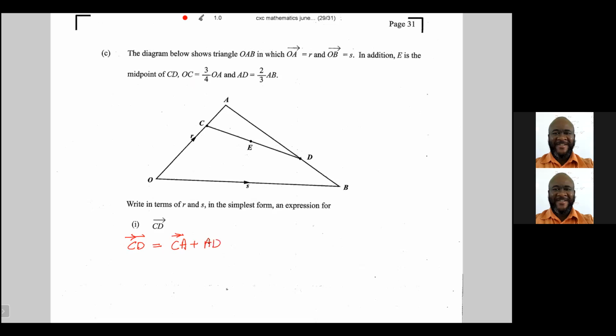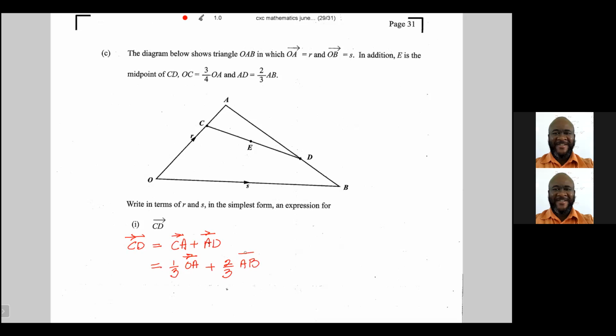That's the triangle law of vectors. Now, CA is equal to 1/3 of OA, and the vector AD is equal to 2/3 of the vector AB.